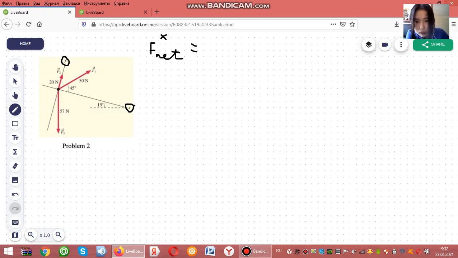So for net force at x axis, it will be F1 first force x plus F2 x force and also F3 x.